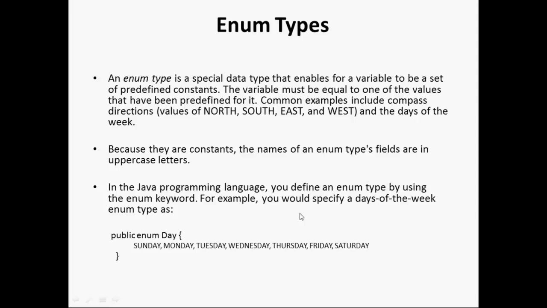Even if you do not create them, the name method and the values method will be there inside that enum. And the parent of an enum is java.lang.Enum, which is the default extended class.